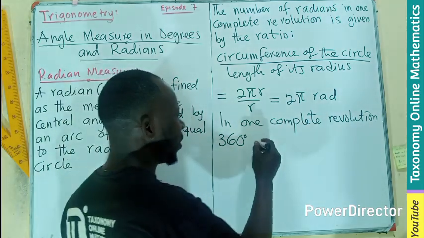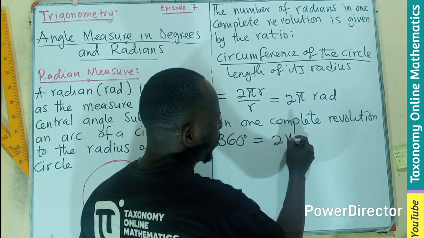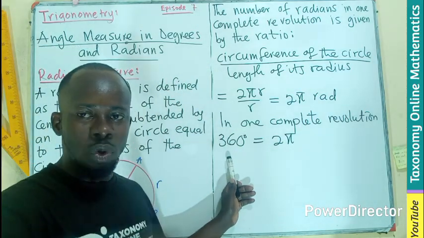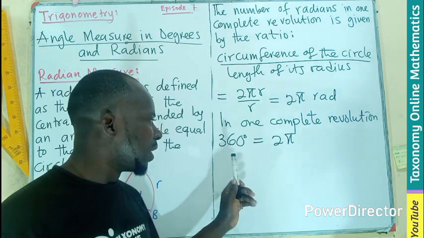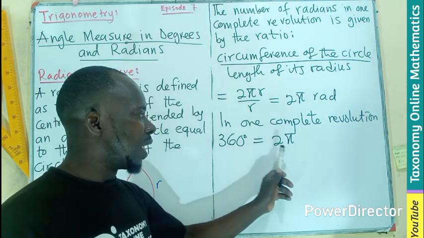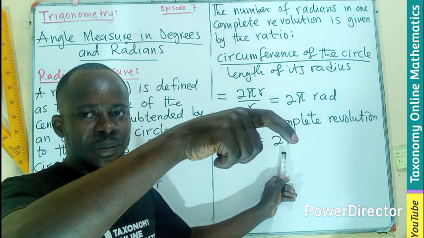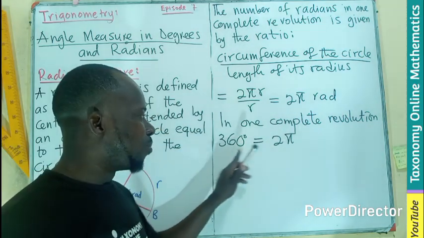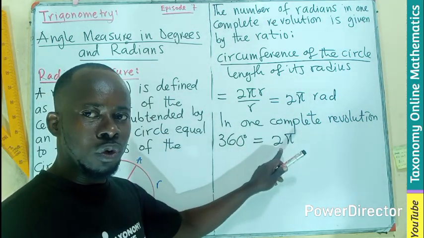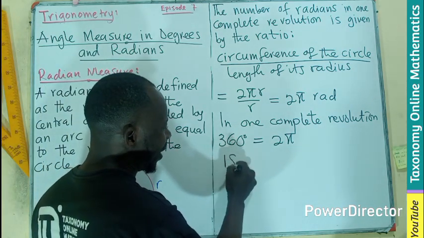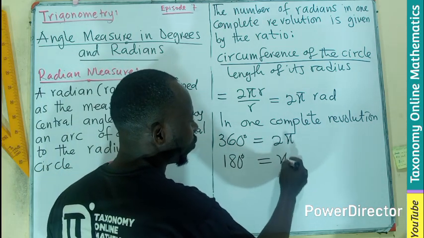So this will also be equal to 2 pi. So this is in degrees, total angle, the complete revolution. This is the angle you get in a complete revolution, this is the angle you get in radians. Right? So if I divide both sides by 2 to make pi the subject, I'll have here 180 degrees equals pi.